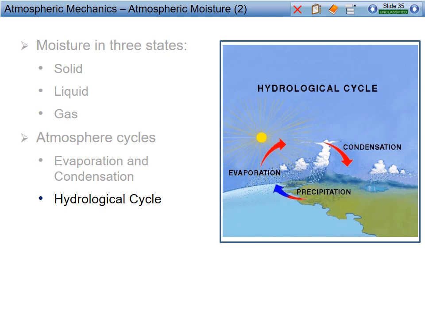As that air rises and or cools down, that water vapor starts to come out of concentration and form clouds, visible moisture, and other forms of precipitation, which then falls back down to the surface of the earth and runs back out into the bodies of water or directly evaporates, continuing the cycle.